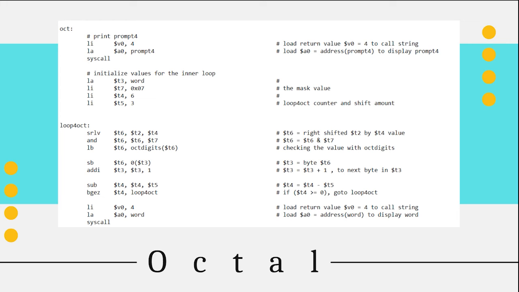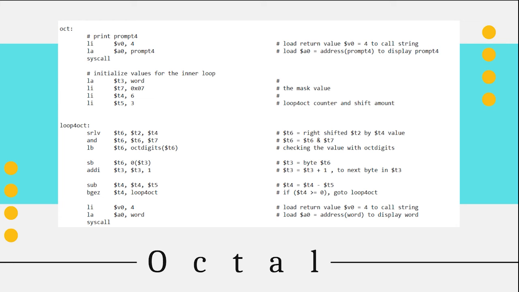Next, load byte, because we want to check the value with the odd digit. Next we have store byte. If the value is less than 7, then it will store into T3.